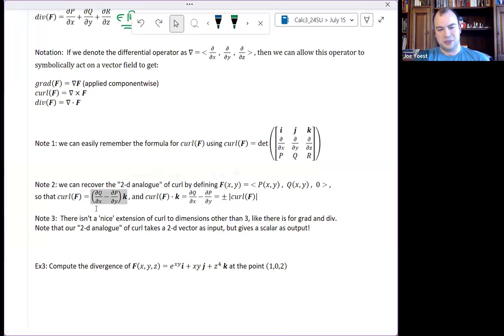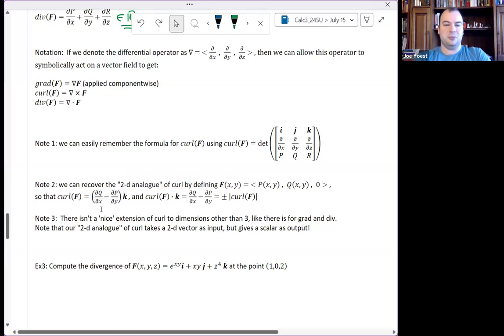So that's why I was saying that it's a little wonky when we try to move the curl from 3 dimensions down to 2. We do get an idea that seems to work. In fact, that's where we developed our intuition. But it doesn't exactly have the same properties as the actual curl. So it's this thing that's a two-dimensional analog of the curl.